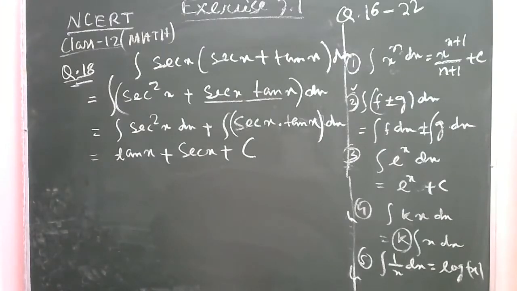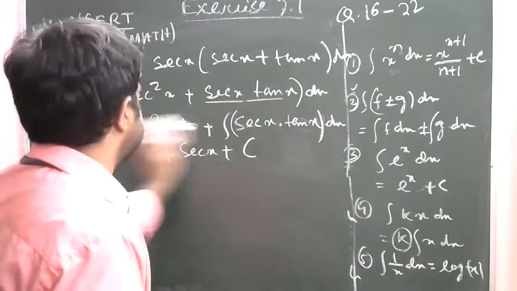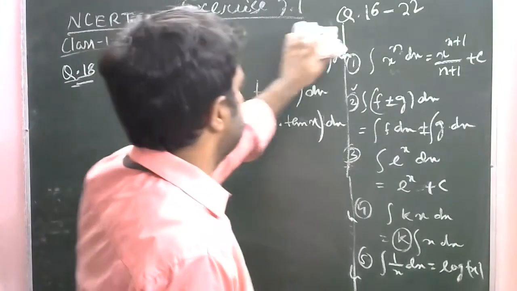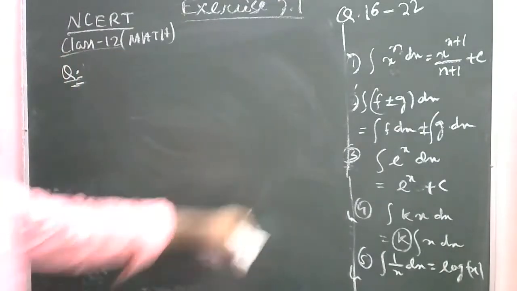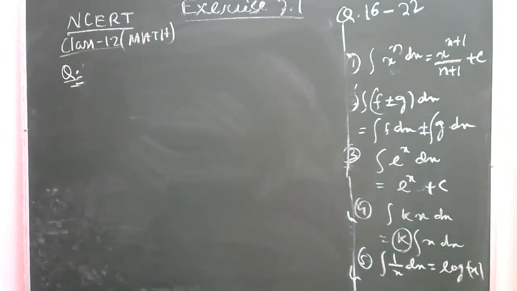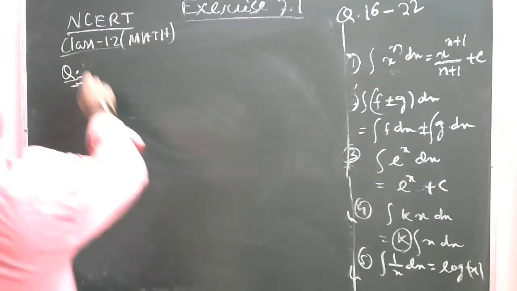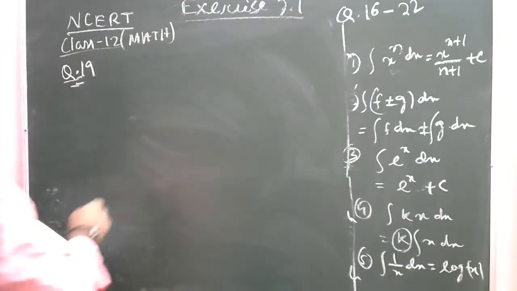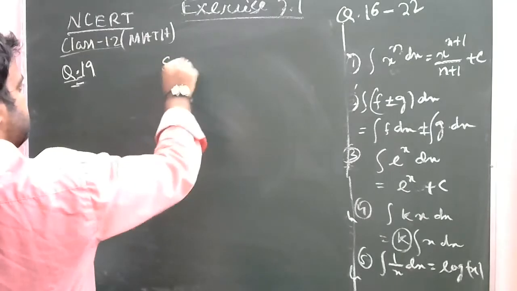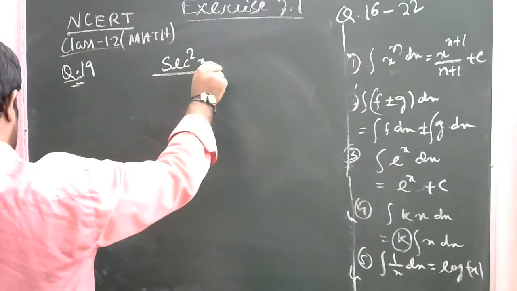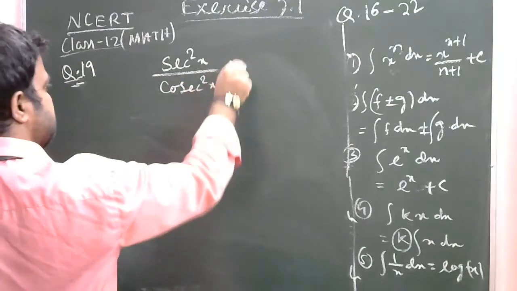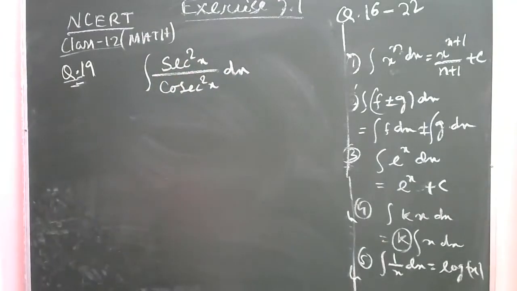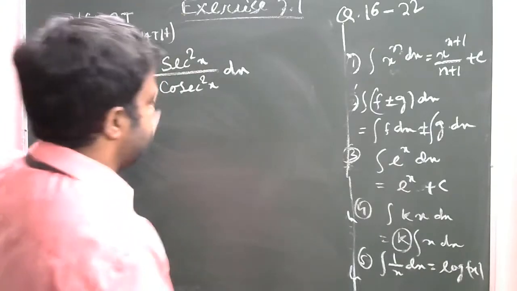Question number 19. Question number 19 also will use some trigonometric techniques. It is the integration of sec square x by cosec square x dx. So what will you do?